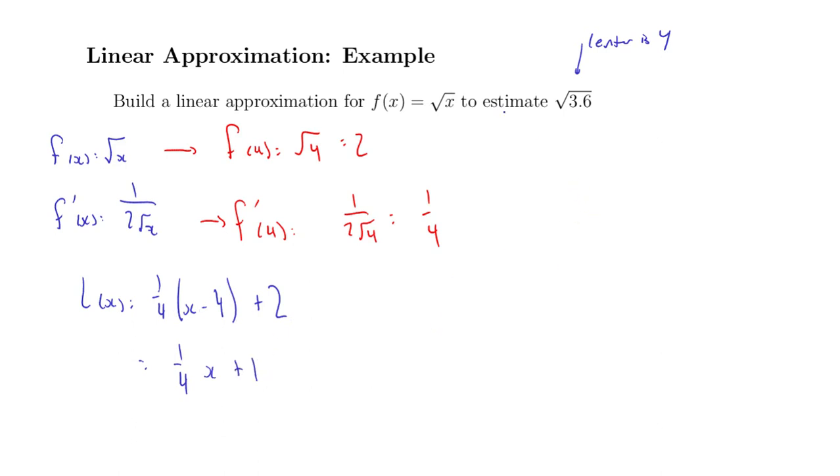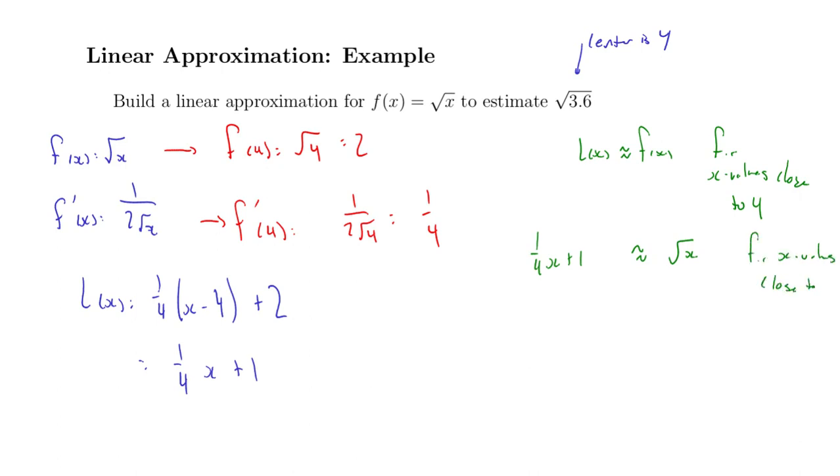What we're saying now is that L of X is approximately equal to F of X for X values close to 4. So in this case, a quarter X plus 1 is approximately equal to the square root of X for X values close to 4.